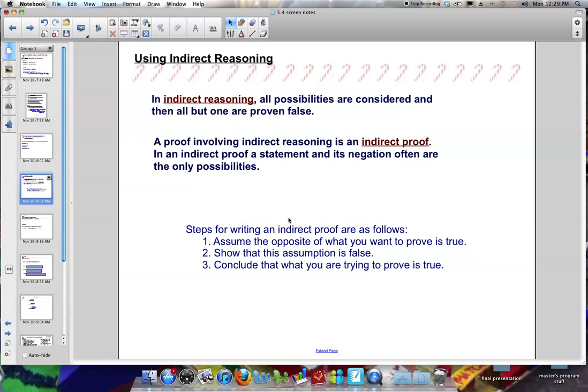So if you're going to write an indirect proof, the steps that you would follow are, one, assume the opposite of what you're trying to prove is true. So in other words, use the negation of it. Then show that that assumption can't work, show that it's false. And by showing that's false, you can conclude that originally what you were trying to prove is a true statement.